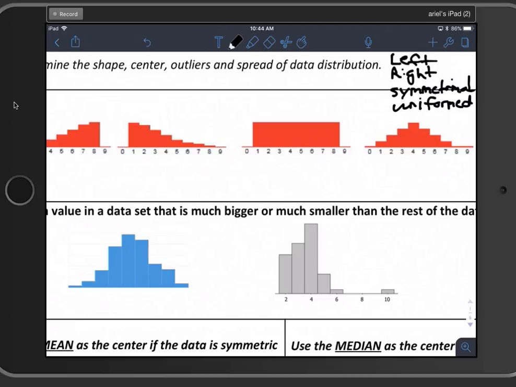Could you tell me which ones are which? So pause the video real quick. Know that we've got our options of left, right, symmetrical, or uniform. So pause the video and then try to label which one is correct.